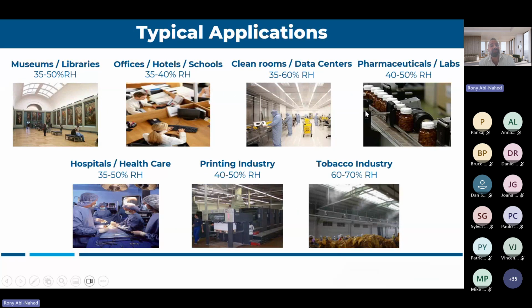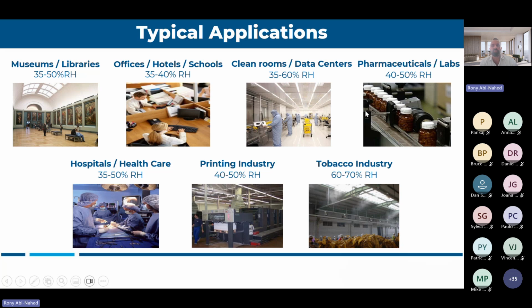So what type of application do we look at when we want to design a humidification job? I would say every application should have a humidification unit in it, like museums and libraries, if you want to preserve the quality of the arts, the books, the papers, the wood floors. Offices, hotels, and schools, mostly for indoor air quality, which I'll touch on in my next slide. Data centers and clean rooms.